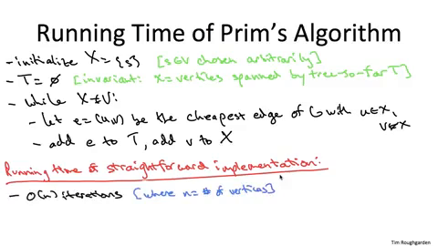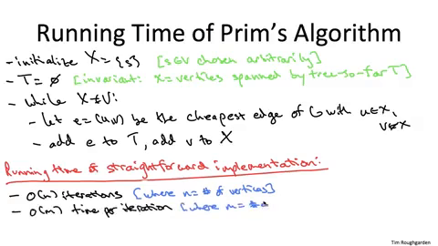X starts out with one vertex, it terminates when it has all n vertices. How much work do we need to implement each iteration? Well, essentially what each iteration is doing is a brute force search through the edges. It's looking for the edges that have one endpoint inside X and one endpoint outside, and amongst those it just remembers the cheapest. And it's easy to see that you can implement each iteration in O of m time, where m is the number of edges.